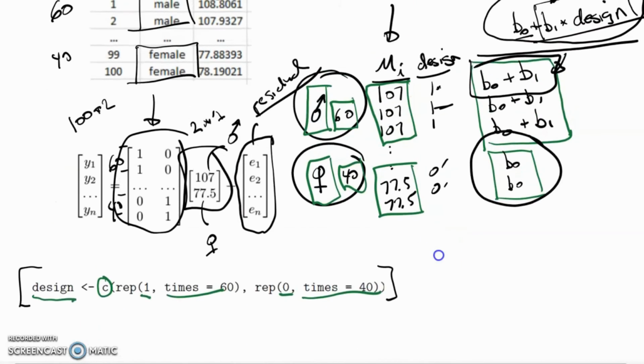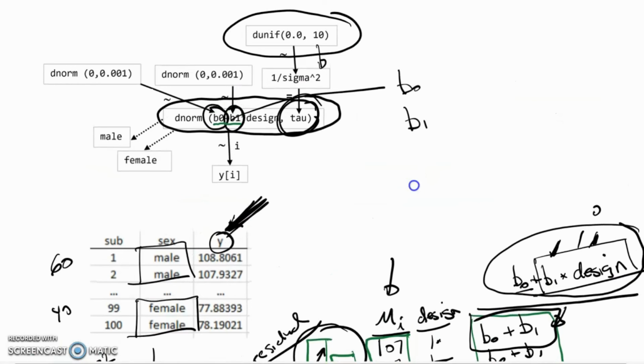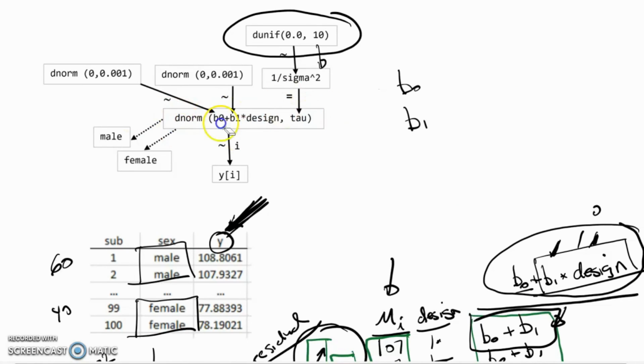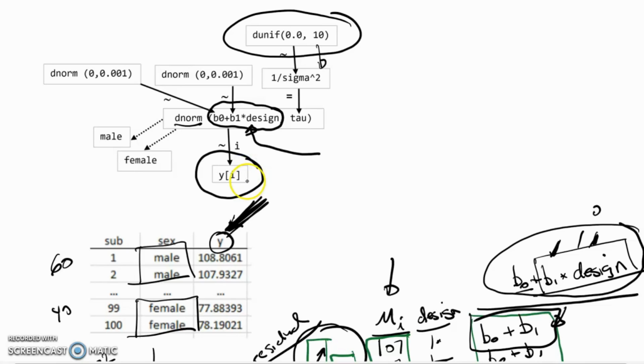But probably the hardest thing to get our heads around is this idea, shown right here, that we're going to have this alternative parameterization. We're going to think about the mean of the normal distribution from which our individual wing lengths are drawn as being given by this guy here.